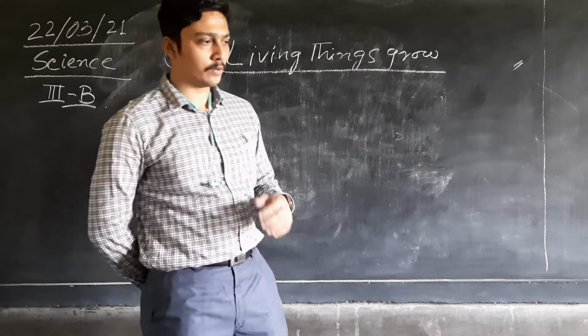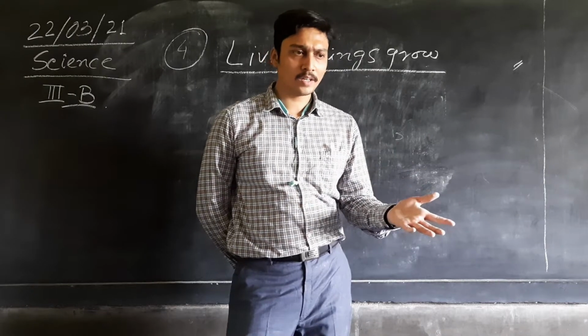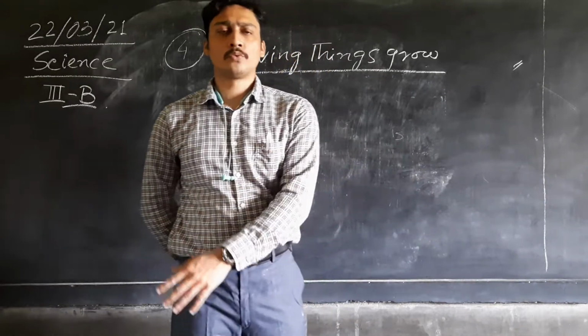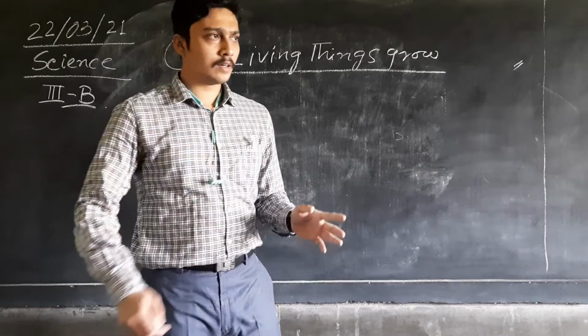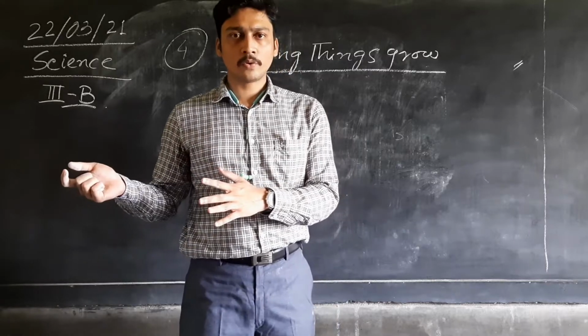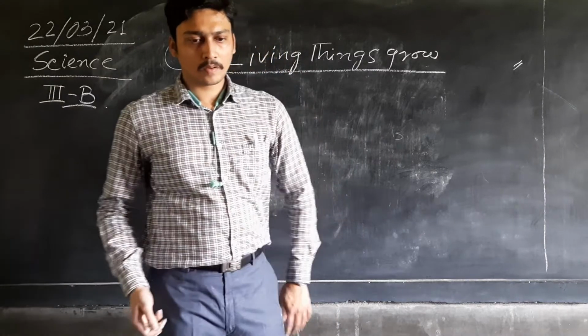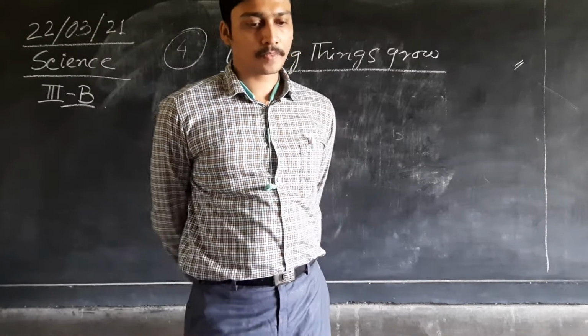Okay, I already have told about this. Now you are in class 3, then after 2 years you will be in 5 or 6. So I think your shape will grow. Okay, your shape will change.